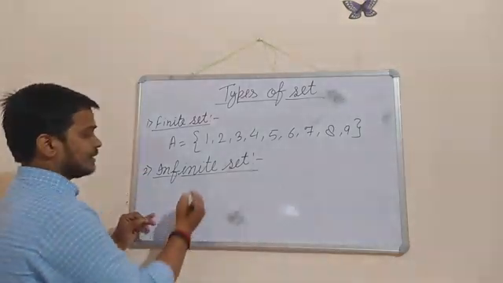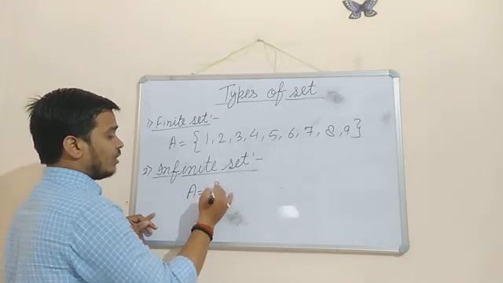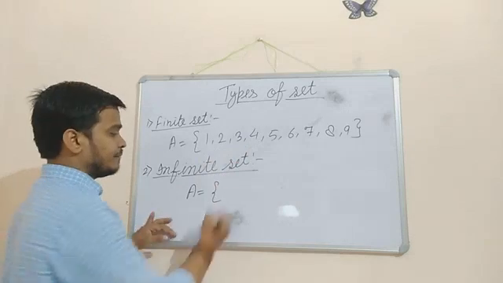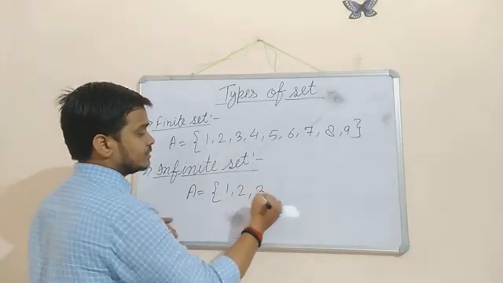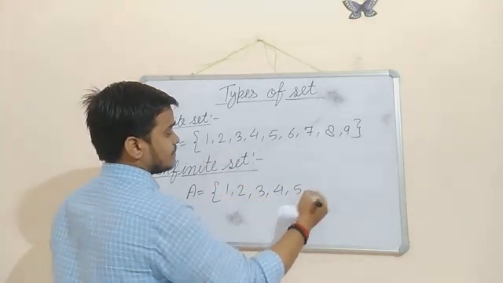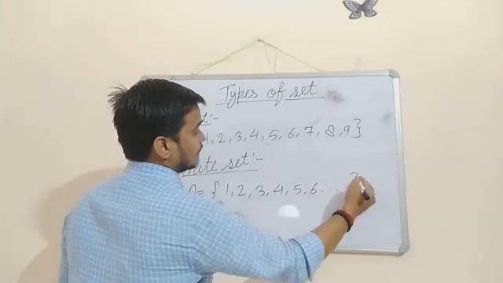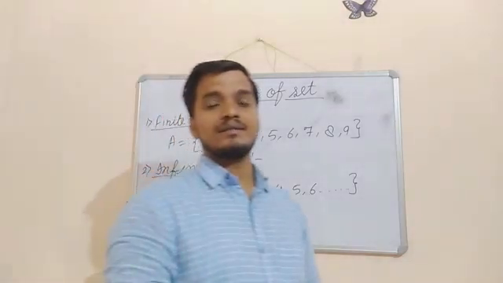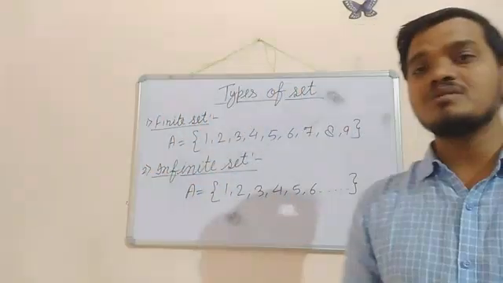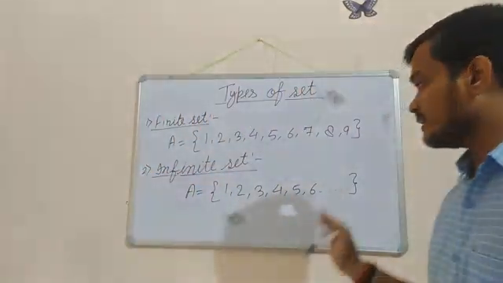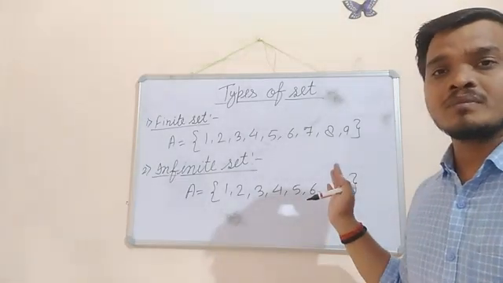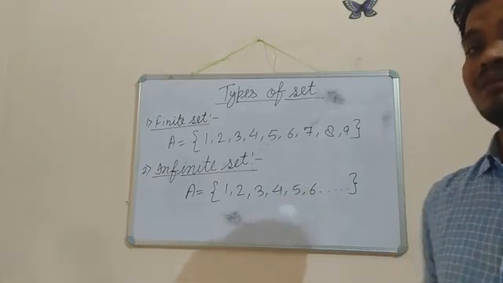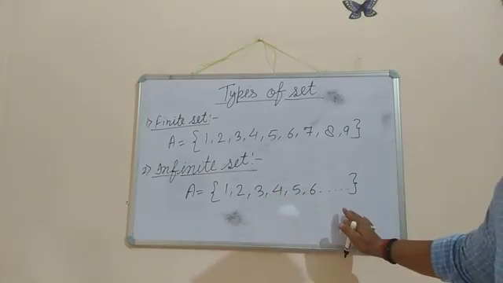Like you can say that A is a collection of all the natural numbers. Simple. So 1, 2, 3, 4, 5, 6 and so on. There is no limitation. Limited value is not given, so you can say that this collection will be unlimited value, and unlimited value we are calling an infinite set.